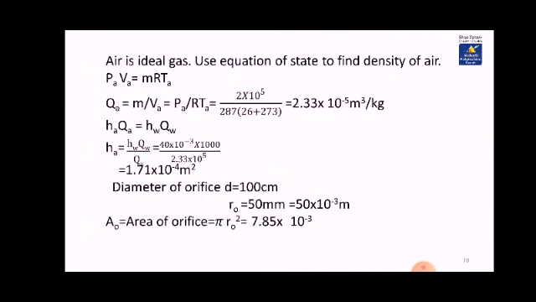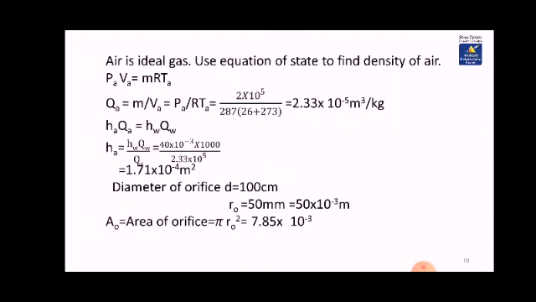Now HAQA is equal to HWQA. HA is the actual head, HW that we got from the readings H1 minus H2 taken from the observation table. These calculations are for the first observation. Now we got HA is equal to 1.71 into 10 raised to minus 4 meter square. Now diameter of orifice D is equal to 100 centimeter.